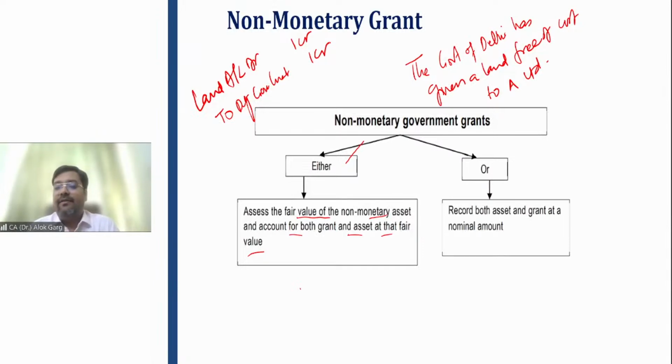Let's say 10 years, 15 years, or 20 years, right? So they can make a policy that they will recognize this government grant as income over a period of 10 years, right? So they have to make an estimate, or make a policy, and according to their policy, they need to amortize this government grant. And the asset will always be there in their books of accounts. So the first thing is to recognize the government grant and asset at fair value, right? The first one is at fair value.